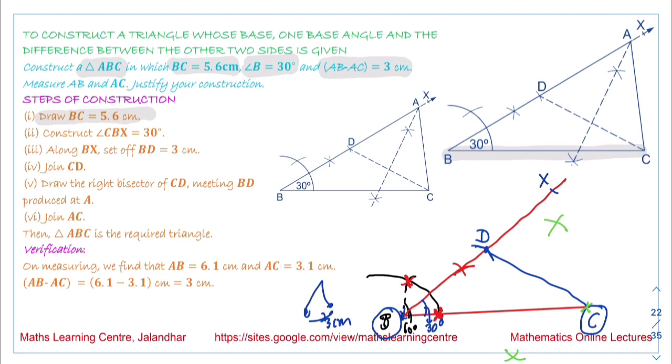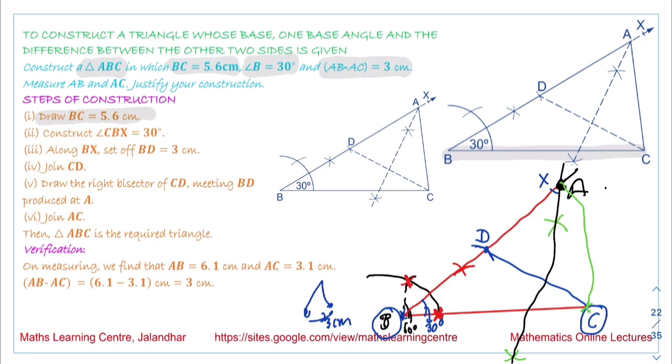The point where this line will intersect with this line BX, we mark this point as A, and we will join A and C. So this BCA, this is the required triangle.